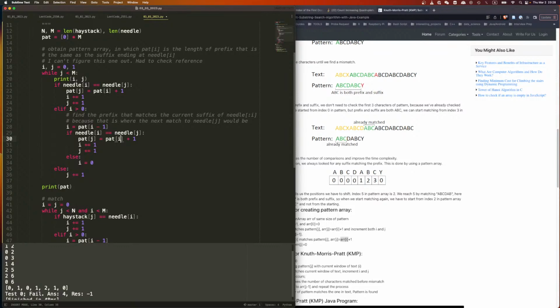Because pattern I minus 1, right, saying we have that much length that's already matched. So these already matched, right? And then I set to that position, right? So these already matched.